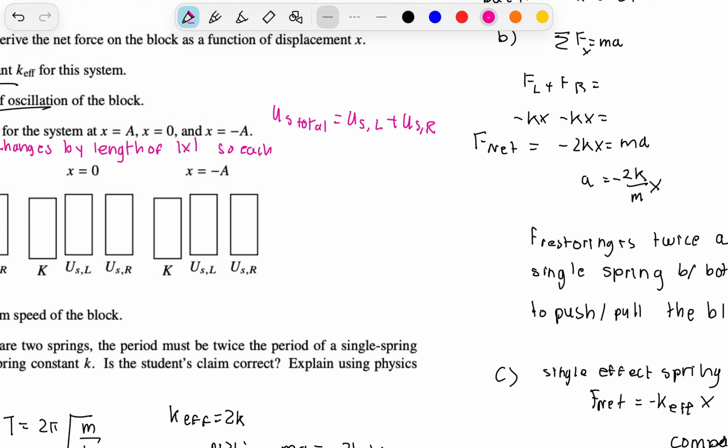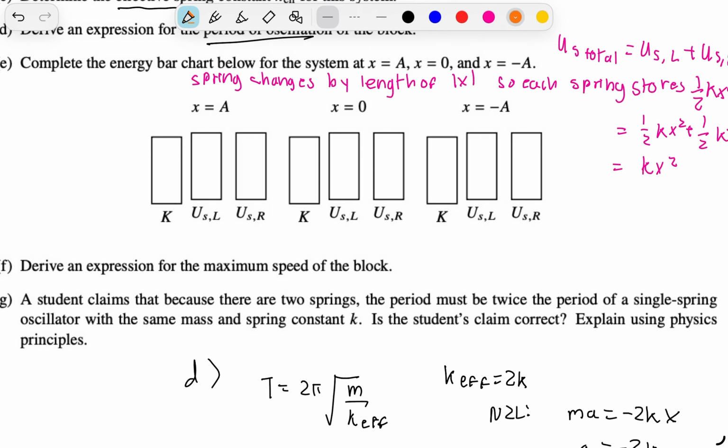So each spring stores, which is just us knowing those formulas we have. So we get a total of just kx squared, because 1/2 and 1/2.